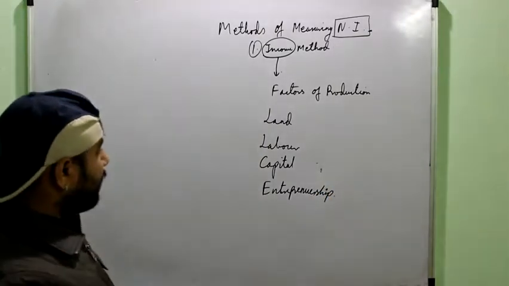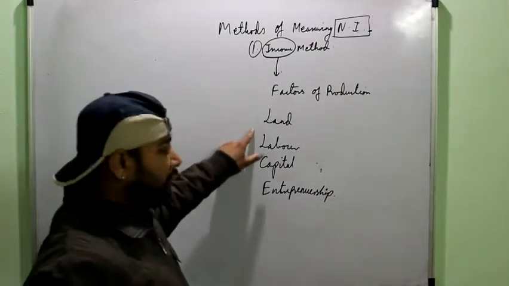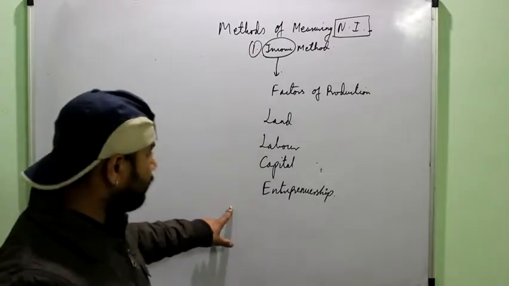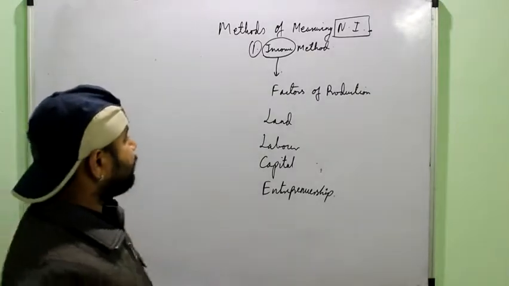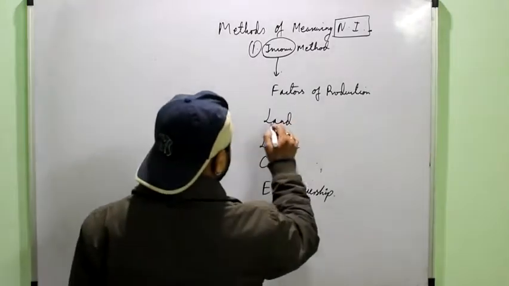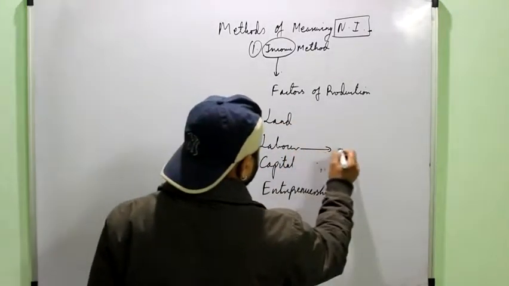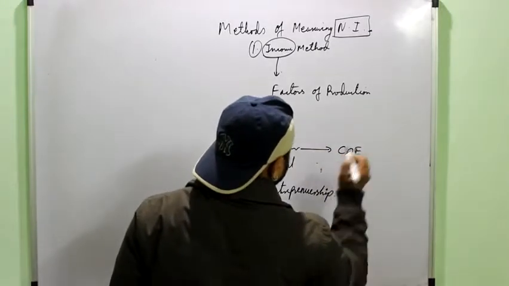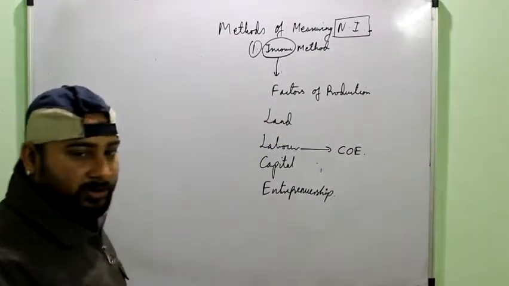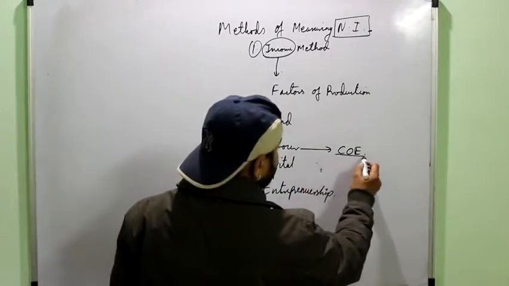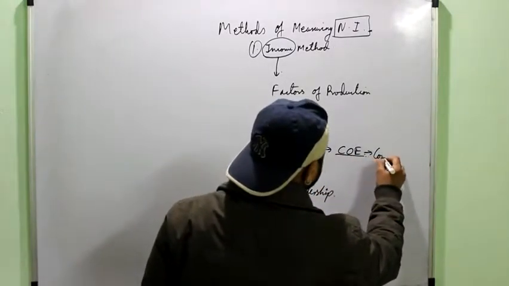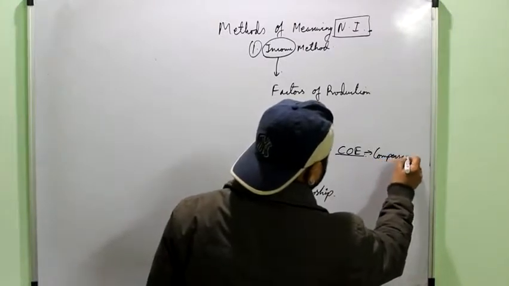So under the income method, we have to study the income of the four factors of production, and when we add them, that will be the total national income. The income from labor, or all the income accruing to the labor, is considered under the subheading of COE. COE means compensation of employees.